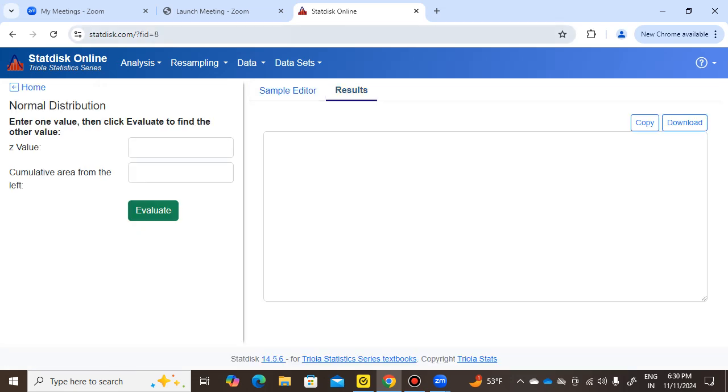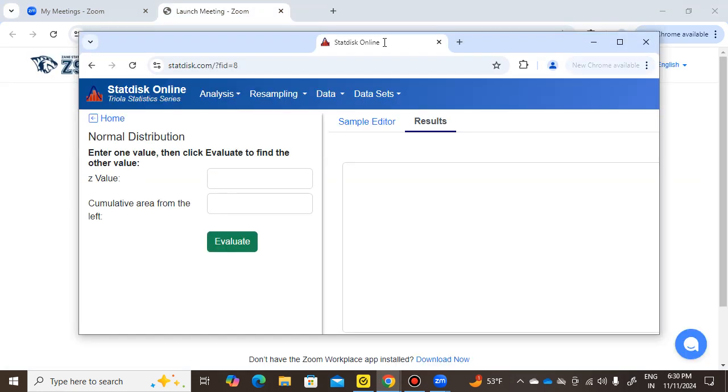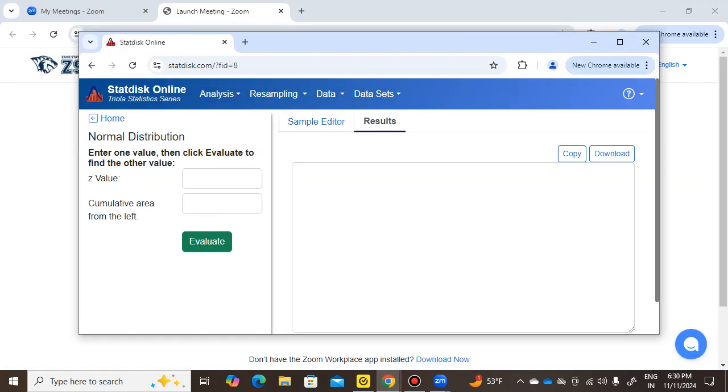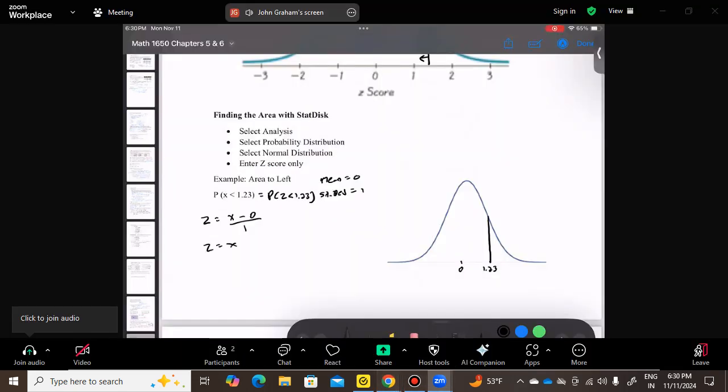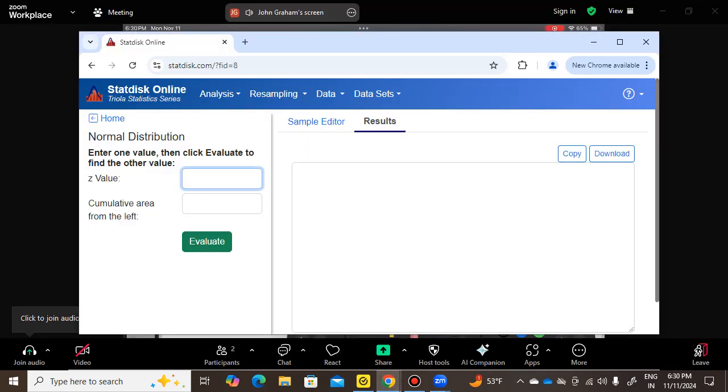I'm going to actually now shrink this some. Okay, you'll see a z value. You put a value in for that. You'll see a cumulative area from the left.